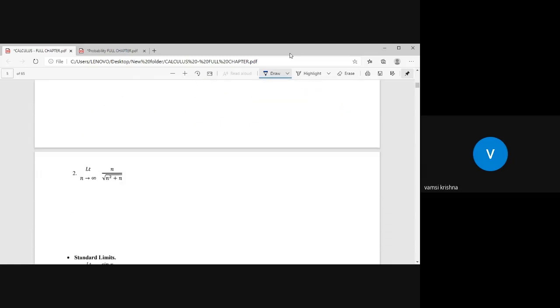Now let's see this question. Limit n tends to infinite, square root of n square plus n, minus square root of n square. Square root of n square means, if you take n square outside, it will become n only. So n square by n square, 1 plus 1 by n.